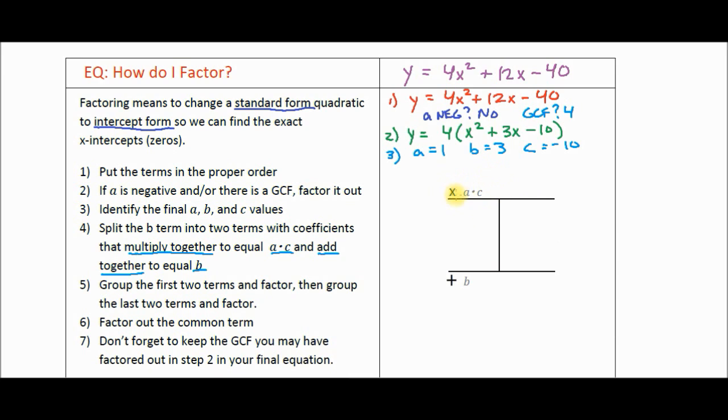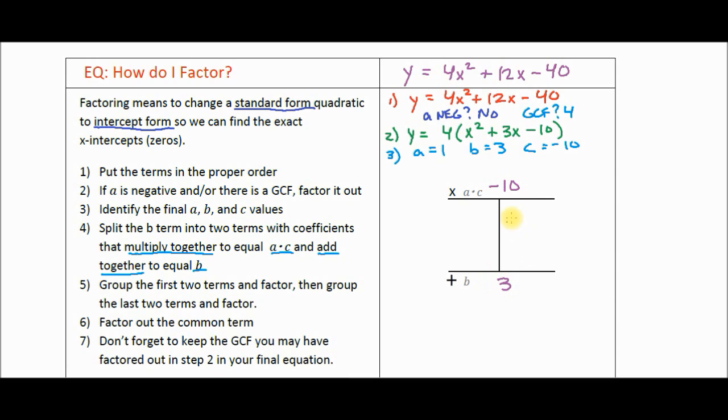I gave you a little helper right here. A times C on the top and the B value on the bottom. Let's do this. A times C is 1 times -10. That's -10. That goes on top. The B value is 3. That goes on the bottom.